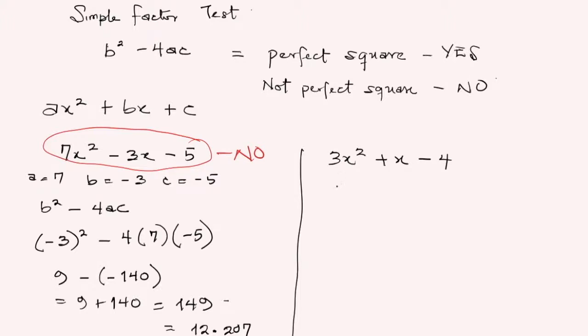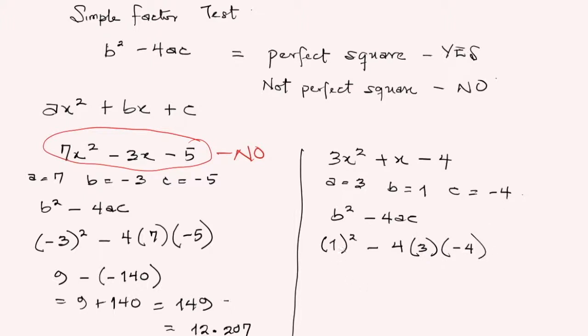But what about this one? In this case, a equals 3, b equals 1, and c equals minus 4. So if we substitute that into b squared minus 4ac, we have b squared to be 1 squared minus 4 multiplied by 3 multiplied by c, which is minus 4. So this is going to be 1 minus 4 times 3 is 12, and 12 times minus 4 is minus 48.